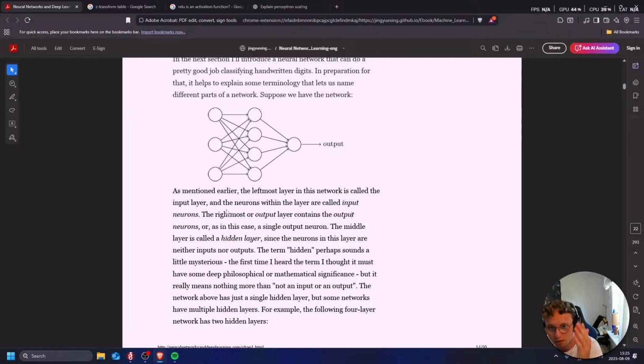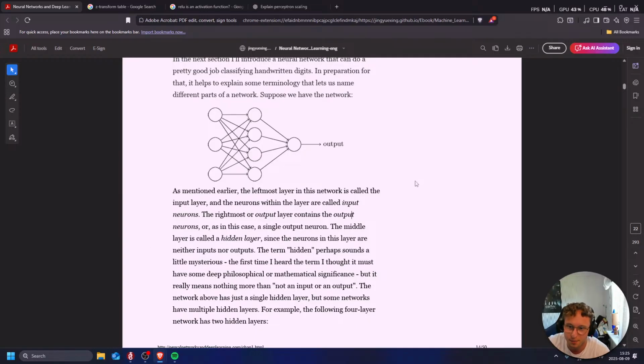As mentioned earlier, the leftmost layer in this network is called the input layer, and the neurons within the layer are called input neurons. The rightmost or output layer contains output neurons, or in this case, a single output neuron. The middle layer is called the hidden layer, since the neurons in this layer are neither inputs nor outputs.